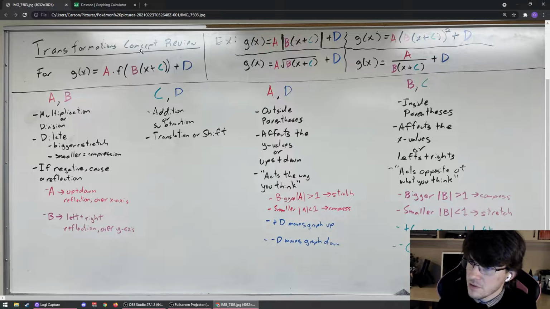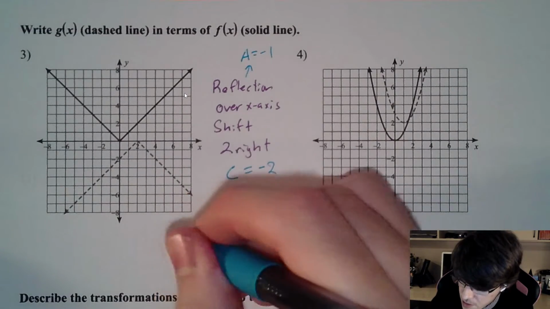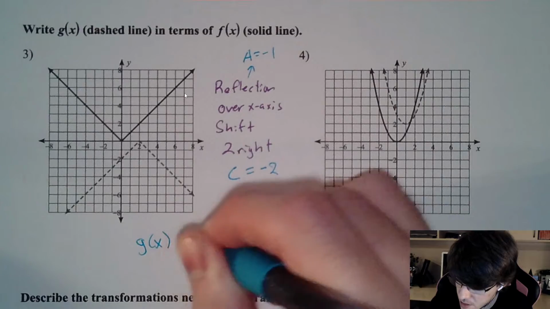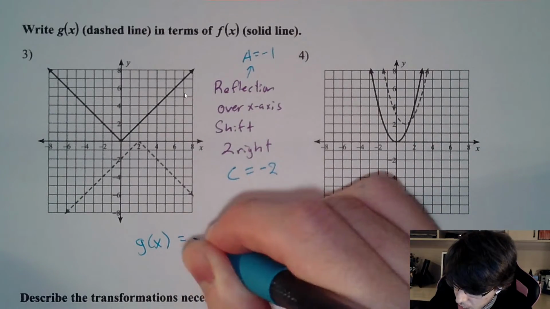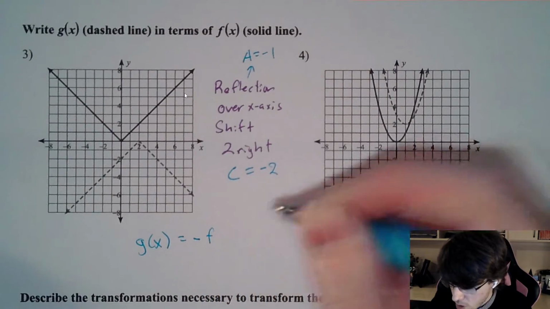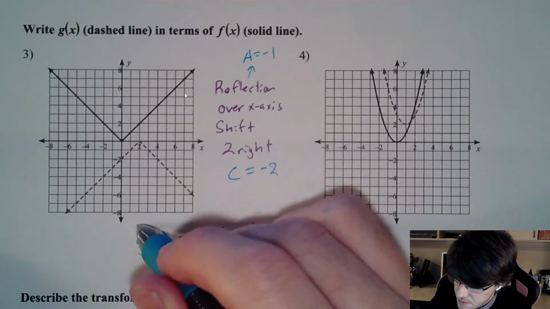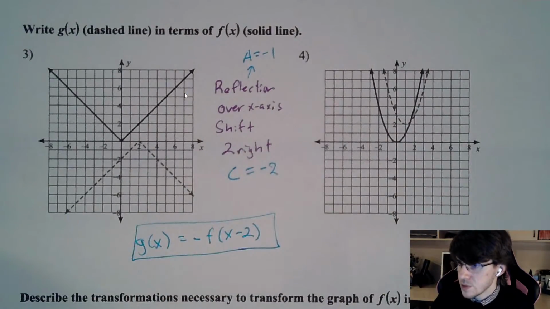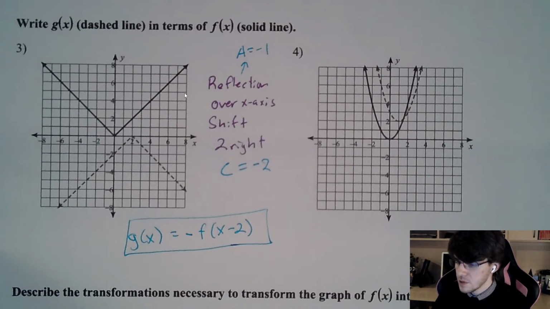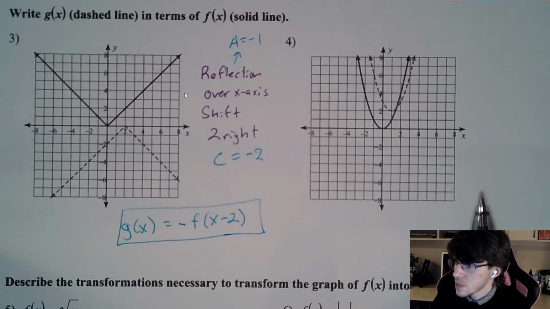We only have A and C in the question, so we don't need to include B and D, but A is -1 and C is -2. That's how our final answer is going to look. We're going to write g of x equals negative, we could write -1 if you wanted to, times f of x minus 2. And there you go. So inside of the parentheses moves you left and right.